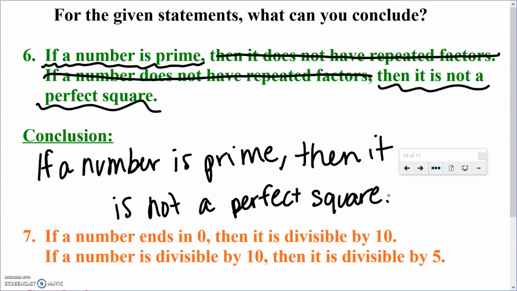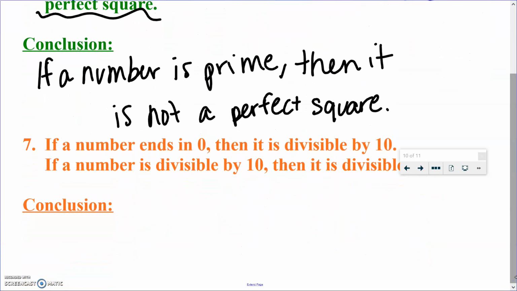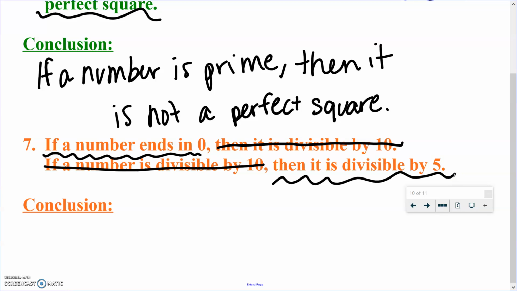Okay, I'm going to do one more example of that. If a number ends in 0, then it is divisible by 10. If a number is divisible by 10, then it is divisible by 5. So again, I see that first conclusion and the second hypothesis are the same. So I'm going to rewrite, omitting those, and just taking this first hypothesis and the second conclusion and rewriting a new statement.